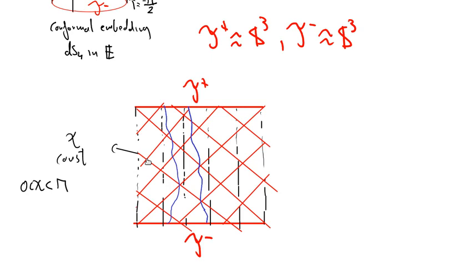Just remember that this line is identified with this line, and so if we have a curve which has an endpoint here, we have to think that the curve continues on the other side.